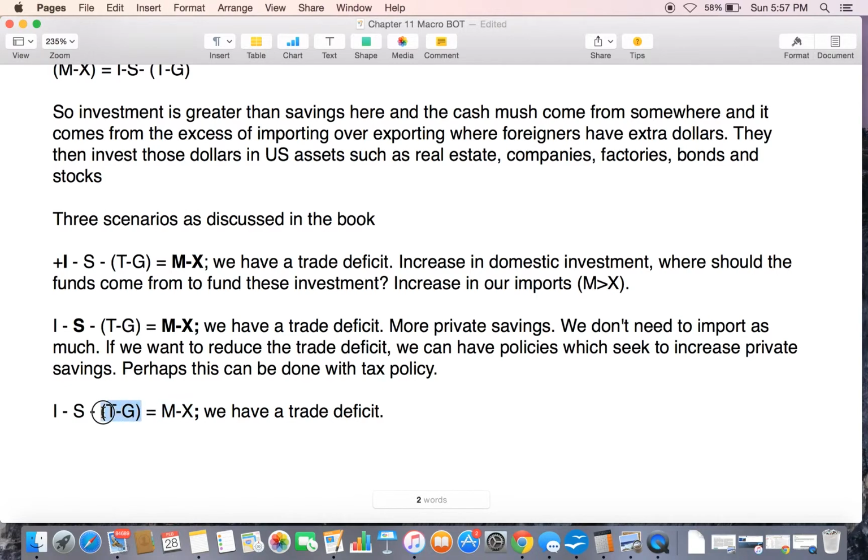If our taxation minus our government spending is going to shrink, so our government spending is going to get very much closer to the amount of taxes which we are receiving, then we know that we will need to import more to pay for that.